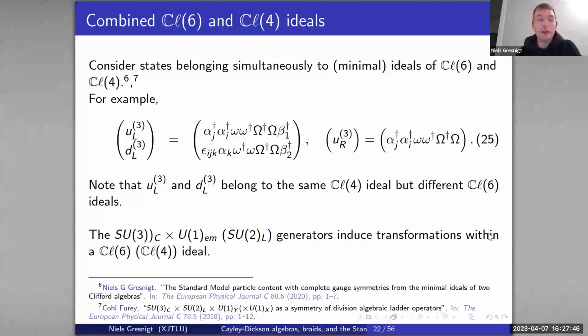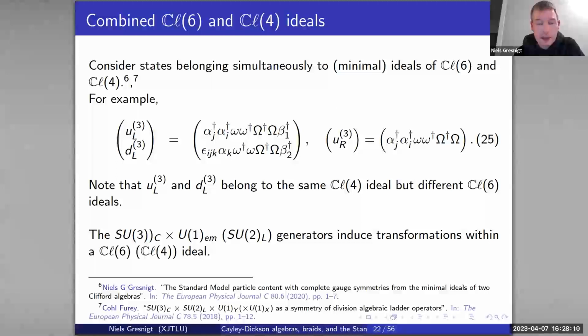So the other thing you can do is then to try and combine these Cl6 and these Cl4s together, so you could represent all the different symmetries. The way to do that would be to consider states as belonging simultaneously to both minimal ideals of Cl6 and Cl4. So for example, I've written one doublet here.